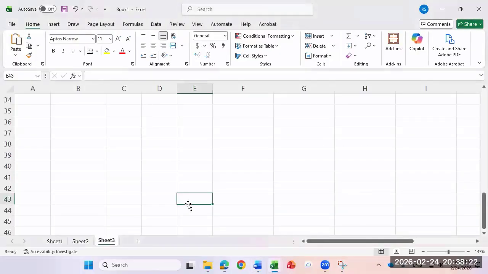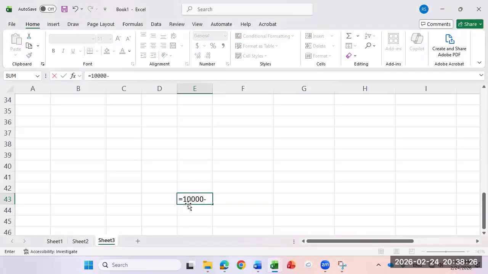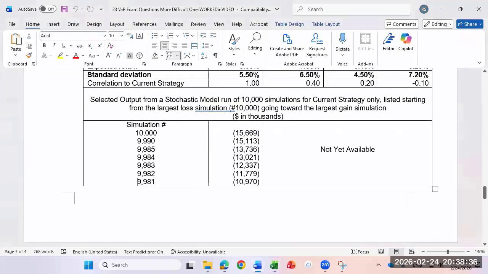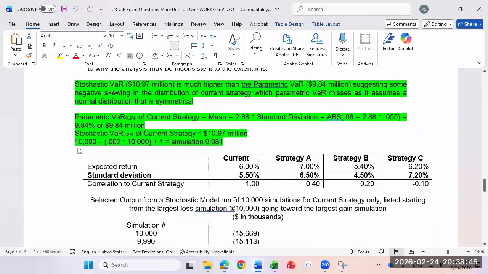Anybody remember the formula? 10,000 minus 10,000 times 0.002 plus 1. So we're looking for simulation 9981. 9981, there it is. 10,970. I don't know what their actual value at risk is.